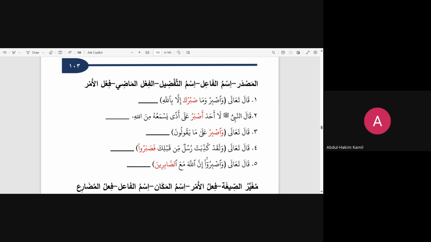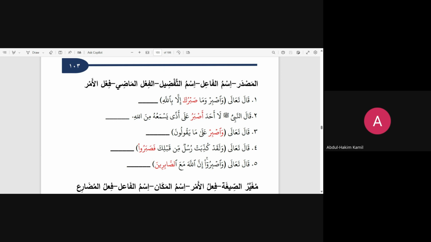What does adha mean? Harm, harassment. La ahadan asbaru ala adha. No one is more patient upon harm, upon harassment that he hears. Harassment is usually what you hear, somebody speaking bad about you, somebody instigating that. No one is more patient on annoyance or harm that he hears than Allah.